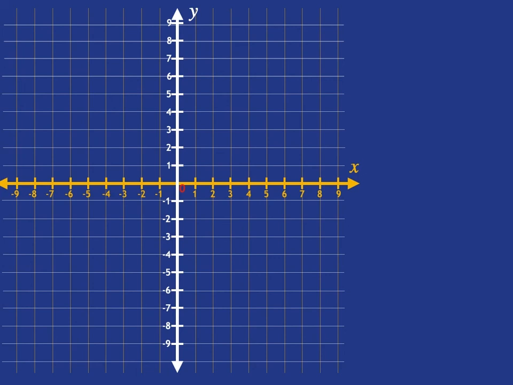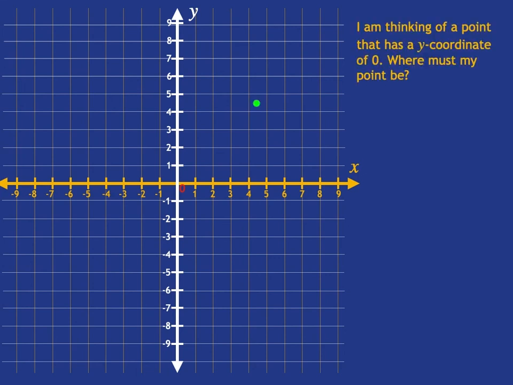Let's look at some other questions. What if I asked the following? I'm thinking of a point that has a y-coordinate of 0. Where must my point be? Well, with a y-coordinate of 0, it means you haven't moved anywhere up or down, right? In terms of the up-down movement, you've taken no steps. So do you agree with me?